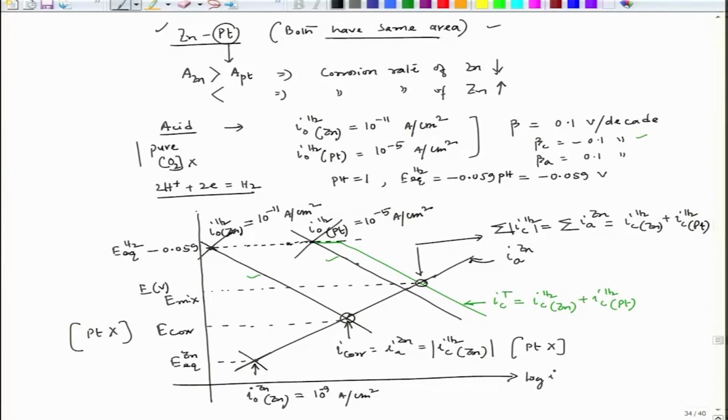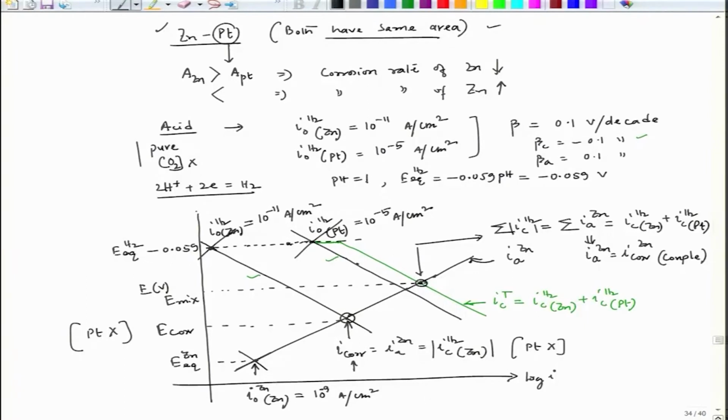Now, we could see that since the exchange current density of hydrogen evolution on platinum surface is much higher than the hydrogen evolution exchange current density on zinc surface, the corrosion rate has gone up from this value to I corr zinc, which is IA zinc, for the galvanic couple situation.